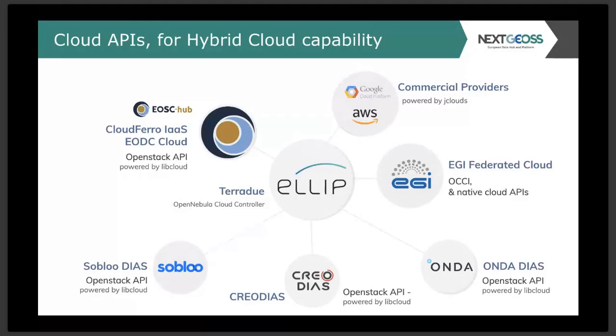So we take in charge with ELIP on Terradue Cloud Platform the connectivity to this multi-cloud provider world, so that we can abstract this for our partners who can focus on their data processing workflows.